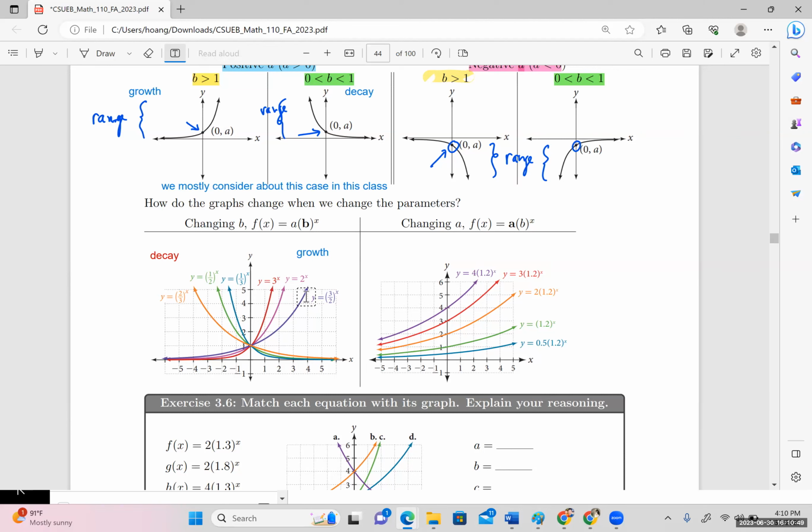So the one with the higher growth factor will be increasing quicker, faster to positive infinity.